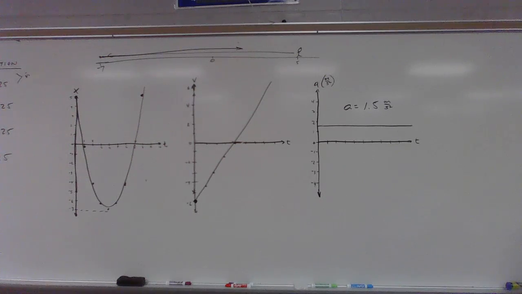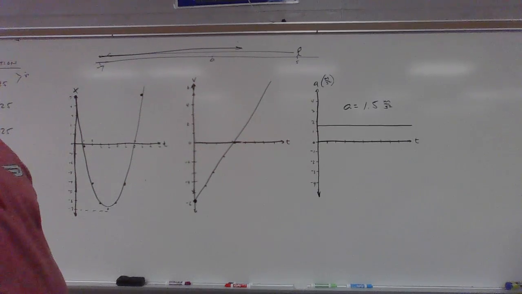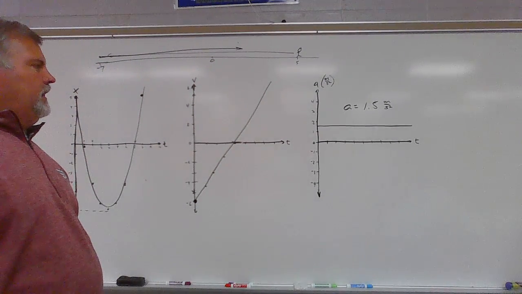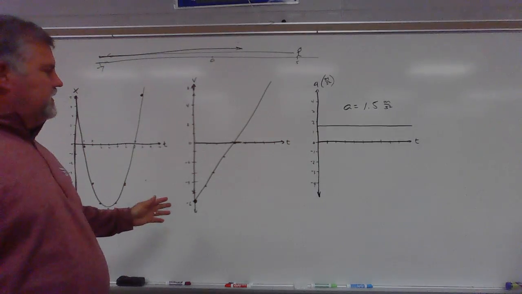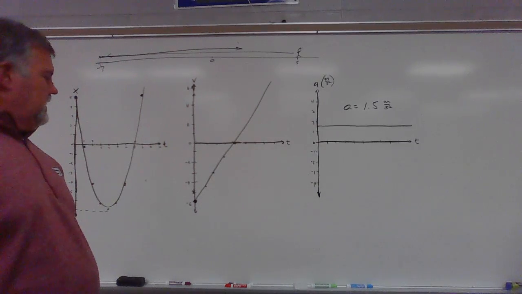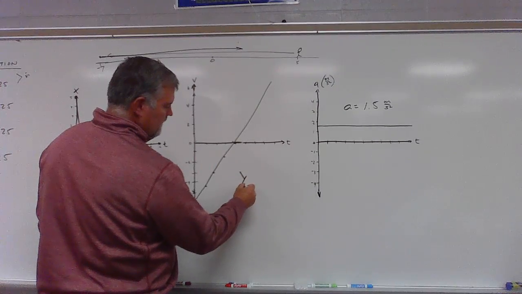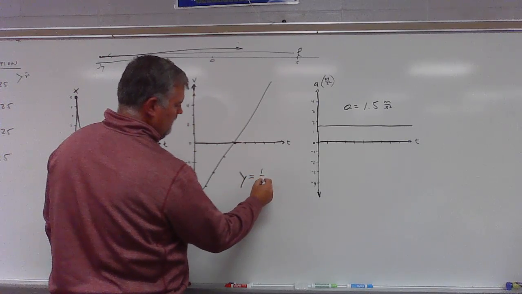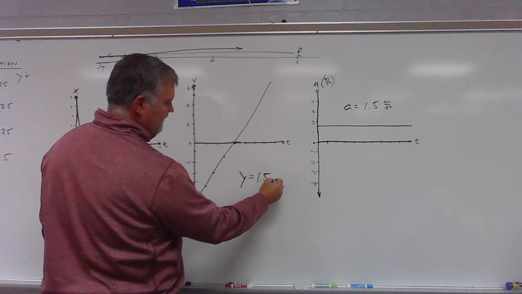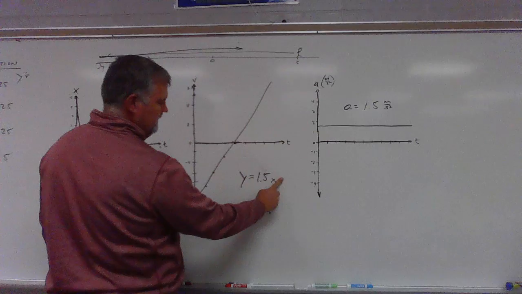Okay, so if you are in calculus, you are getting to a point where you're starting to do derivatives. You could take a sloped line like this, where the slope of that line is 1.5 and the y-intercept is down here at -6.